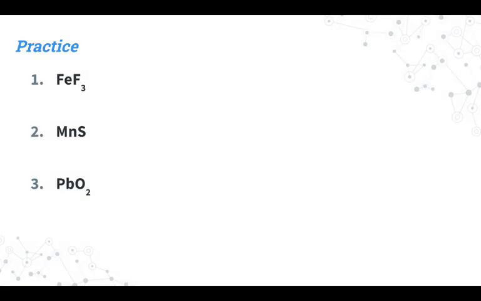So our first one is FeF3. All right, first step is that we are going to uncross our charges. So what we get is Fe plus 3, fluorine minus 1. All right, so everything looks good. So we're going to go ahead and write the name.